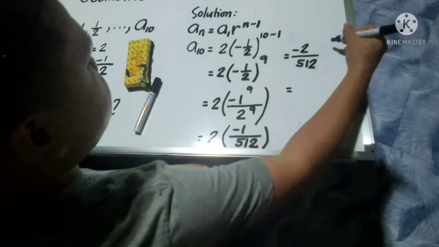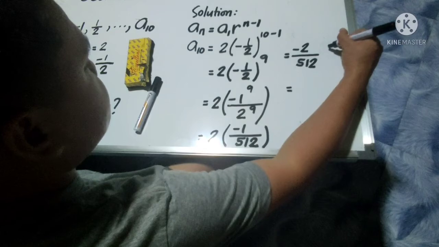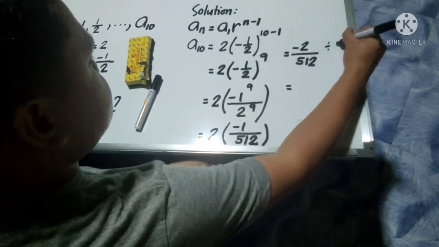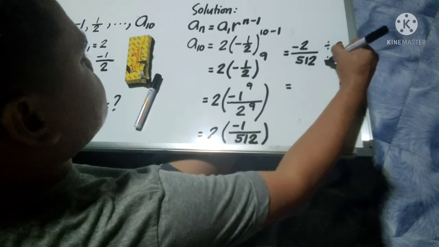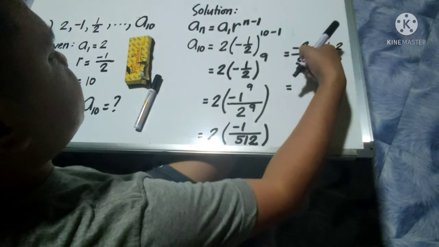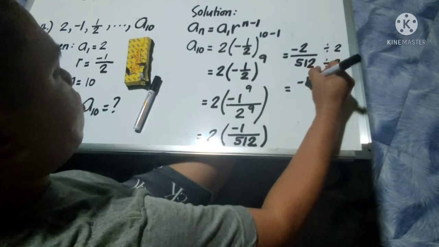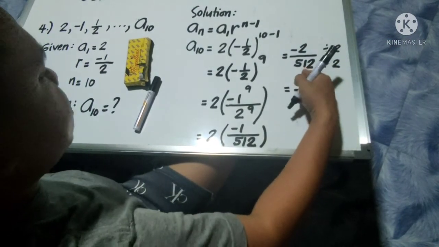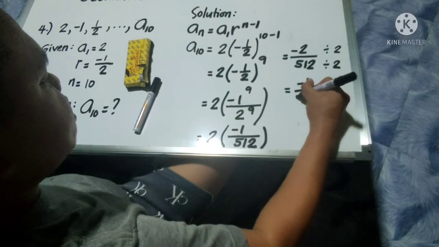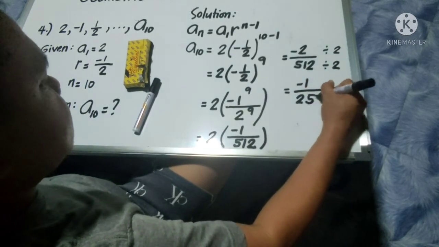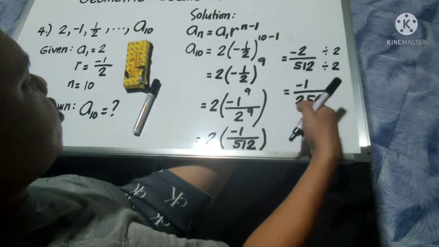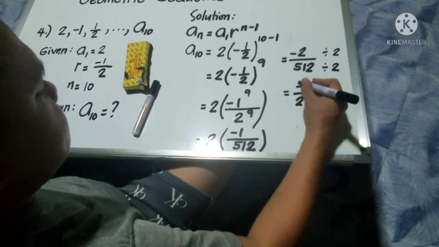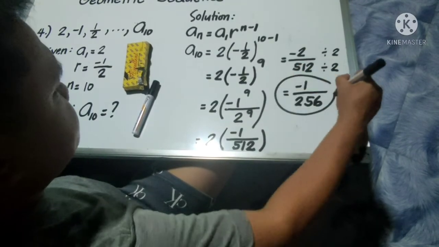So you divide both the numerator and the denominator by 2. Negative 2 divided by 2 is negative 1, over 512 divided by 2 is 256. So negative 1 over 256 is our a sub 10.